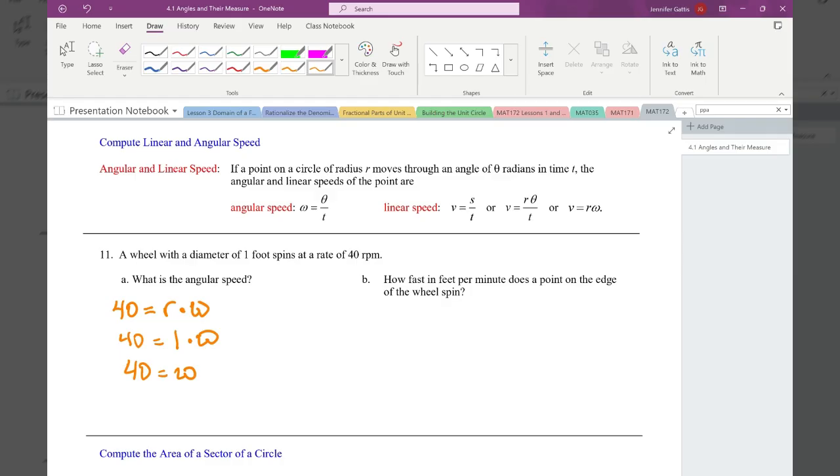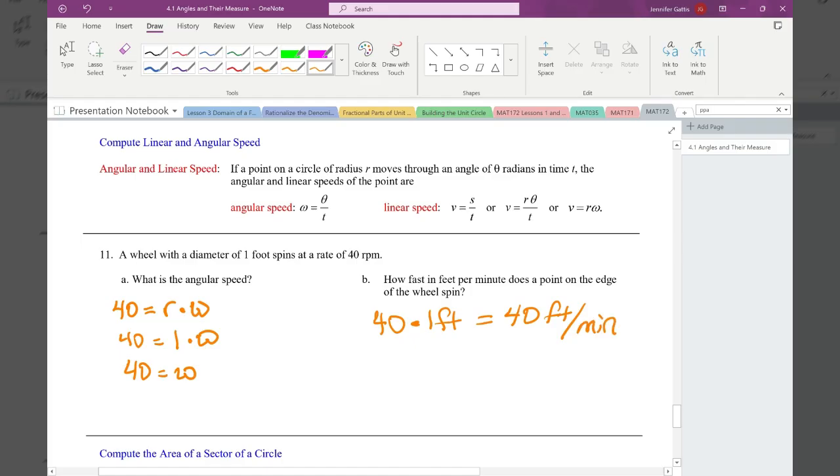Now, when we're thinking about how fast does it spin in feet per minute, this is where we have the angular speed of 40 and multiply that by the 1 foot, which gives us that the linear speed is 40 feet per minute.